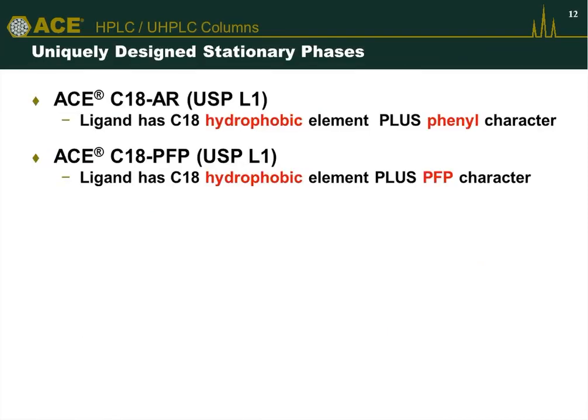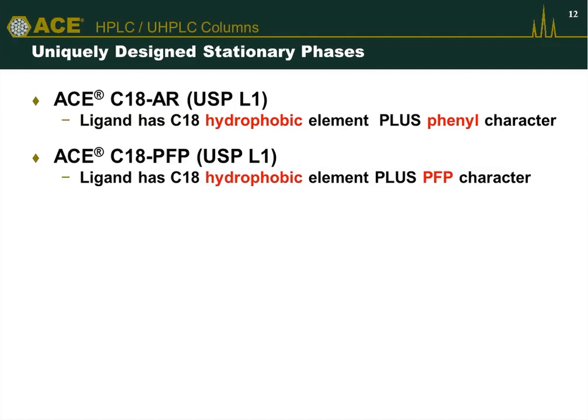Now, important for me to say about these two products, because I've been asked this question previously, is what we have not done. We have not combined two containers of the C18, for instance, and a phenyl, for instance, into a physical mixture. So this is not a combination of two stationary phases, because we would still have the disadvantages of the phenyl stationary phase.